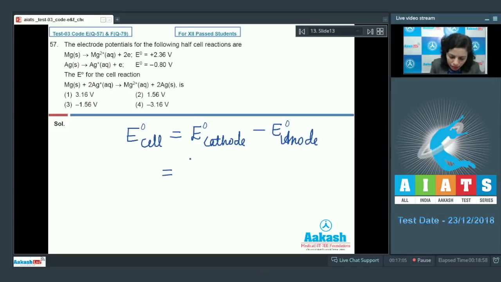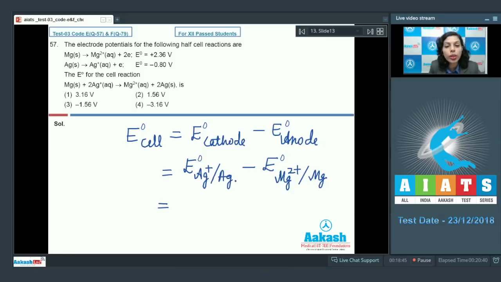In this particular cell, the substance that you are taking at the cathode is silver, which is taking part in the reduction process, and it will be written this way, minus Mg2+ getting changed into Mg.